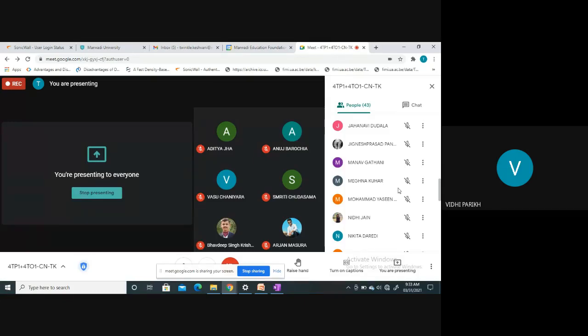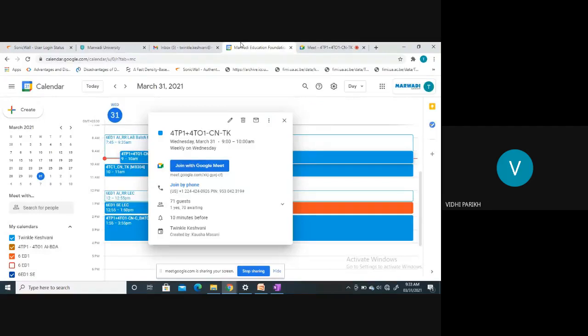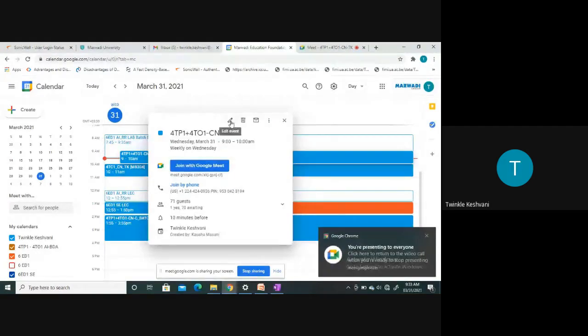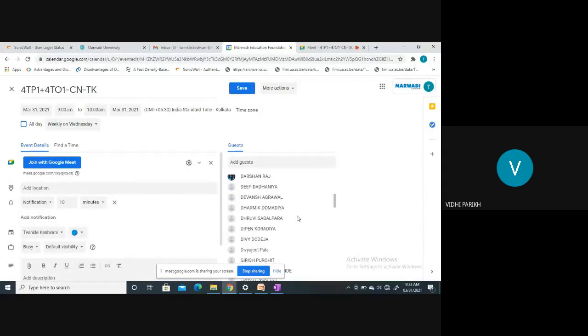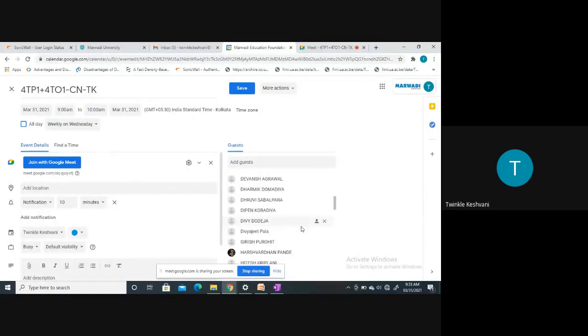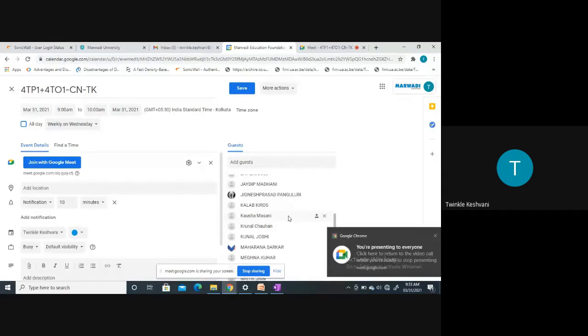Ma'am, in some students' calendars, today's event is not scheduled. Why is it not scheduled? It is not scheduled in my calendar. But it's already there; I got the link from my friend.